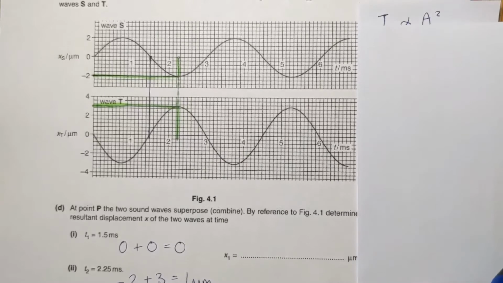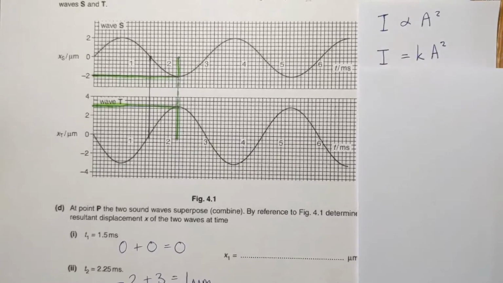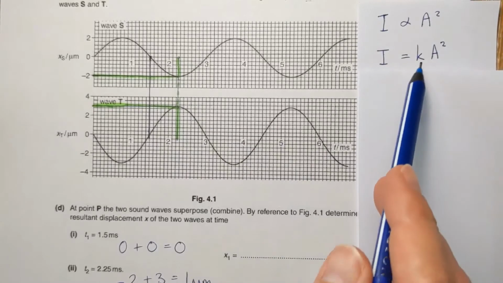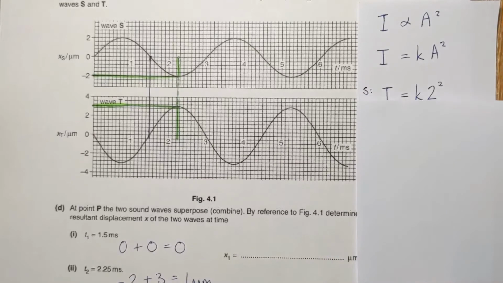Okay, so we know that intensity in general is directly proportional to the amplitude squared of the wave hitting it. And so we can say that intensity is equal to some constant, which depends on the situation, times the amplitude squared.